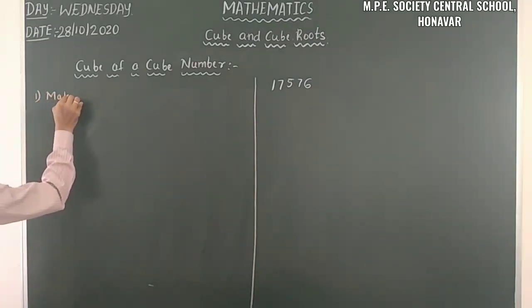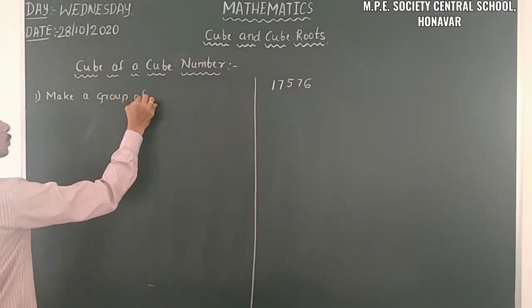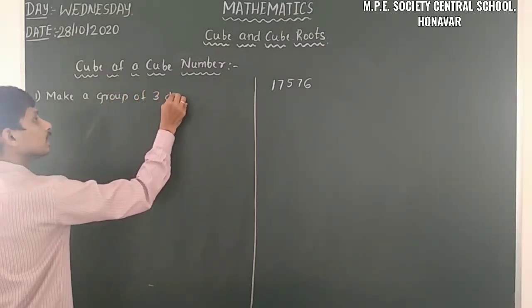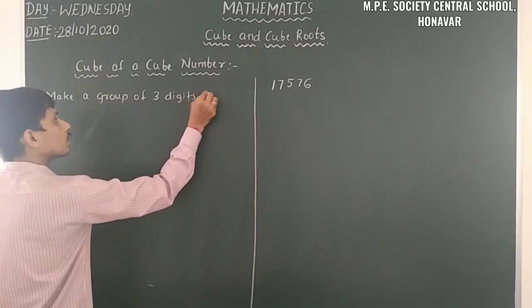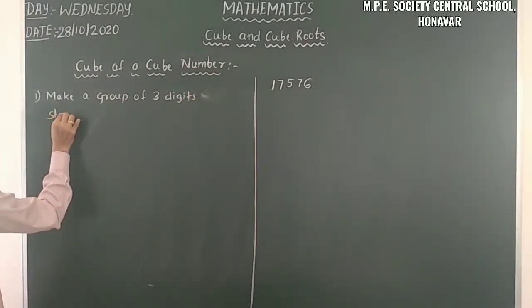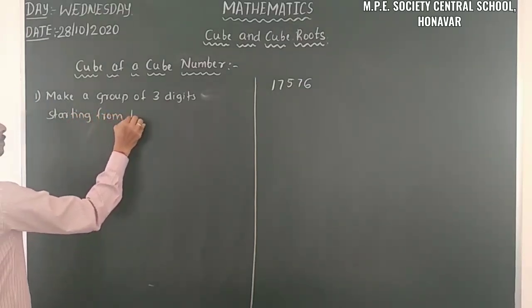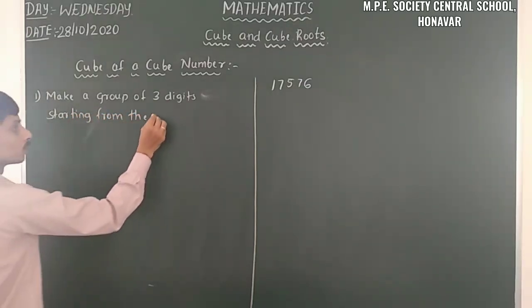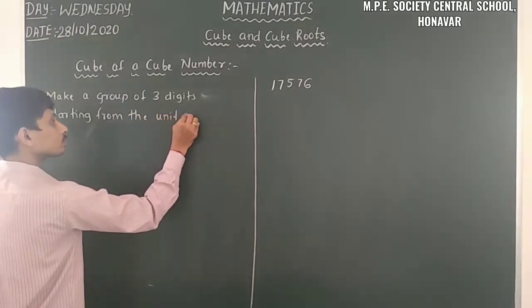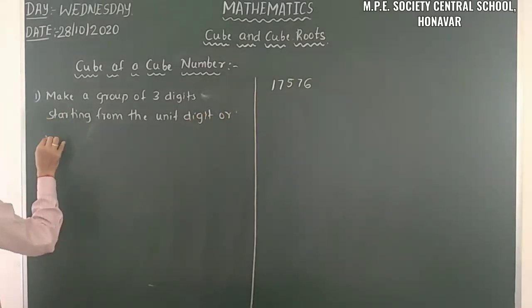make a group of 3 digits starting from the unit digit or rightmost digit.